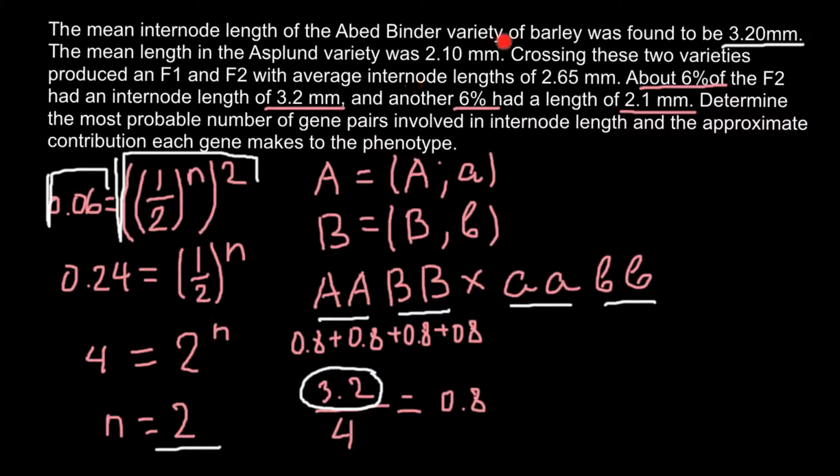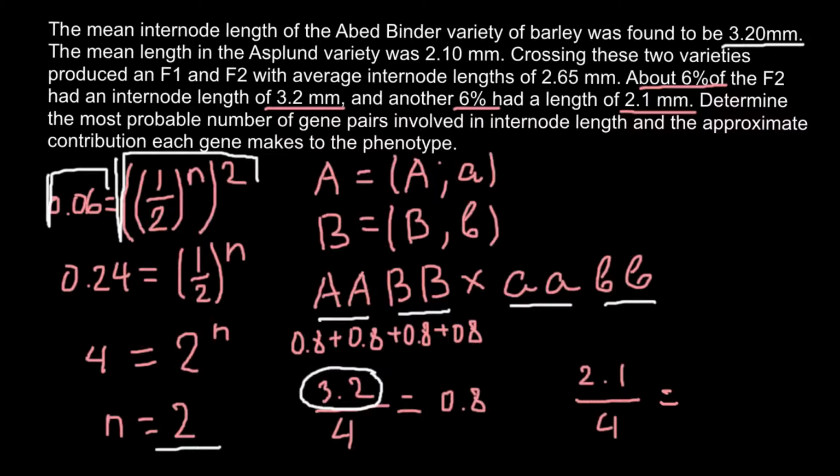As for the second variety, we know that the Asplund variety had 2.1 millimeters internode length. So once again, we have to divide 2.1 by 4 alleles. This time these are 4 recessive alleles, and we can also find how much each recessive allele would contribute to this trait.